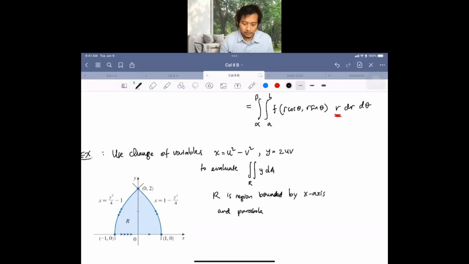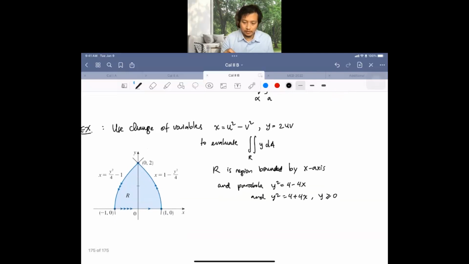It's the same parabola as this, but it's y squared equals 4 minus 4x and y squared equals 4 plus 4x, and y is a positive number. First we could exchange this into 4 minus 4x. This is 4 plus 4x. We can exchange this.